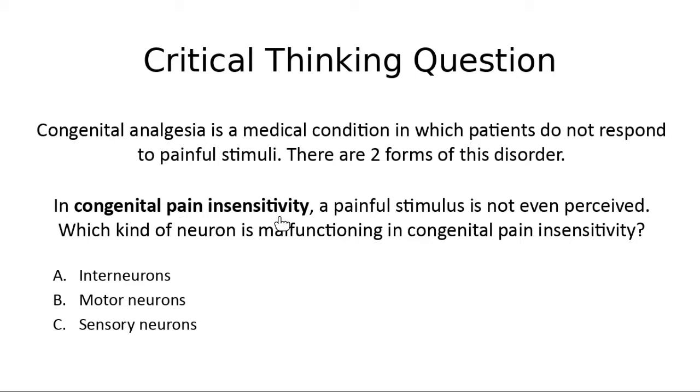In congenital pain insensitivity, a person is not perceiving their painful stimulus. They're touching a hot burner, but they're not perceiving it. Which kind of neuron did we say did perceiving? Which of my functional classifications perceived things?